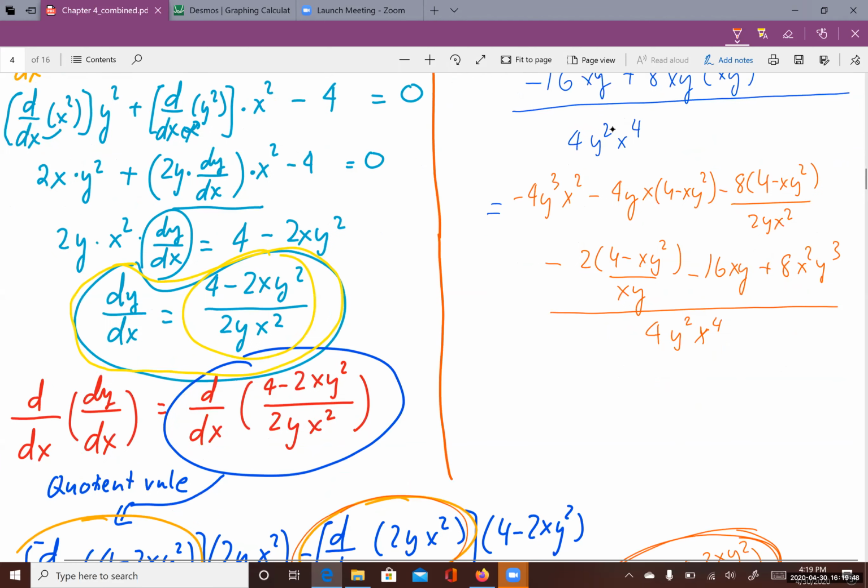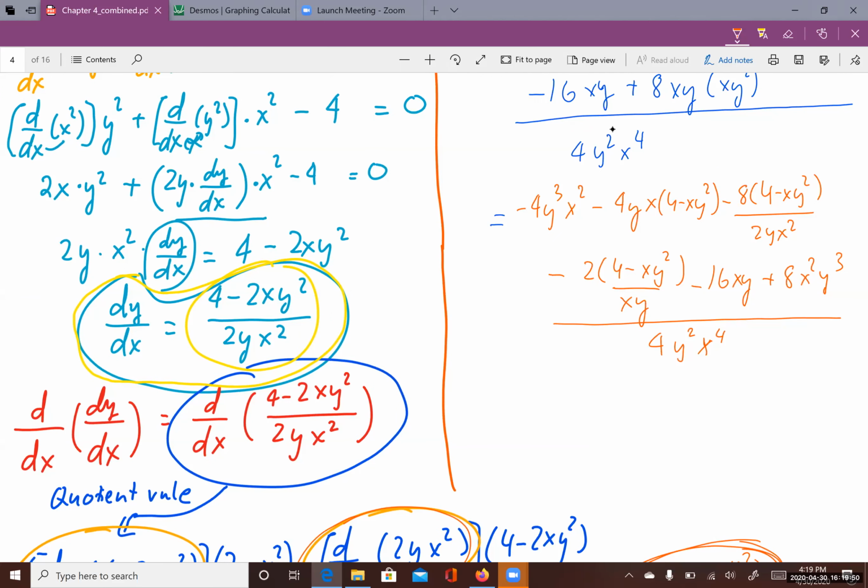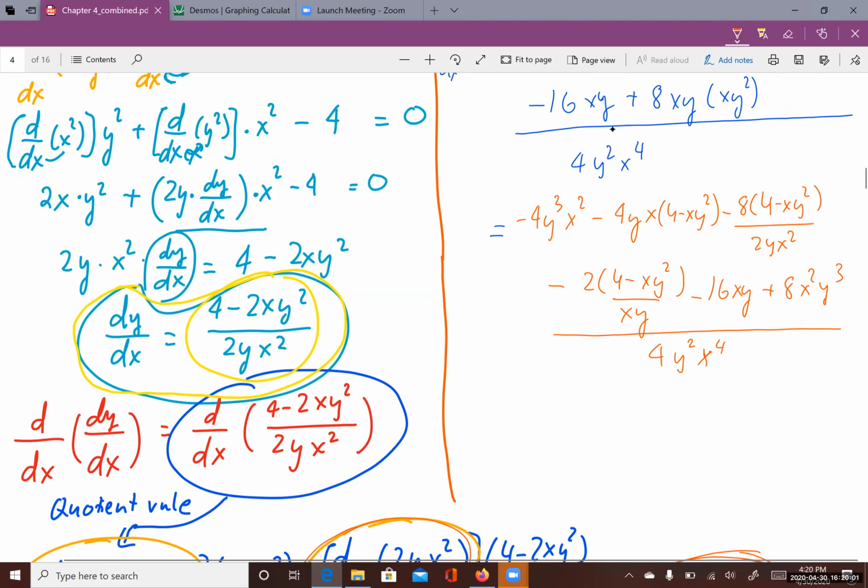It doesn't look very nice. Well, then maybe we can just stop here as this doesn't go any further. I guess we can cancel this term and this term, right? Is there any xy term that we can cancel out?